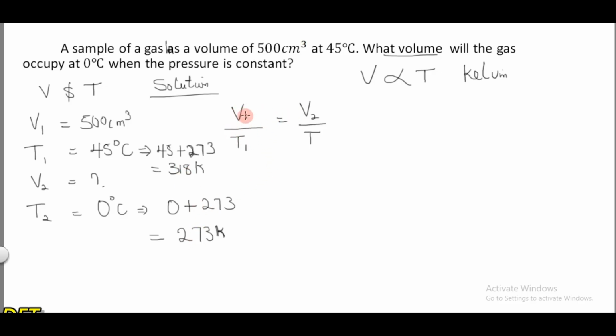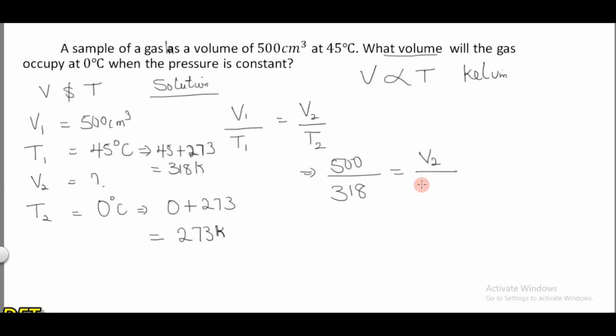So from Charles' law, we know that V1 over T1 is equal to V2 over T2. Our V1 is 500 centimeter cube, so that's 500 divided by our T1, 318 Kelvin, equal to our V2, which is what we're looking for and is unknown, so I'll represent it as V2, over our T2, which is given as 0 degrees Celsius, and when we convert it to Kelvin, it is 273.